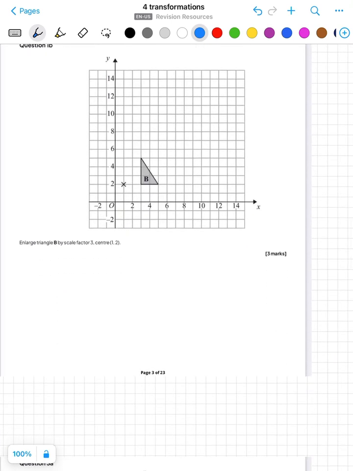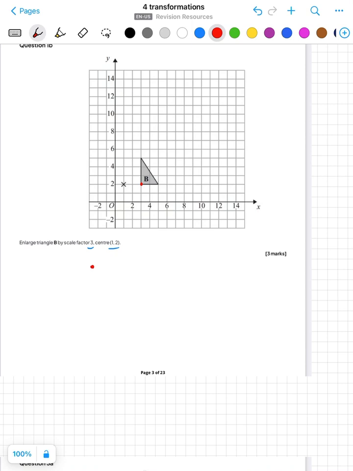Enlarge triangle B by scale factor 3, centre (1, 2). Now there's a couple of ways to do enlargements depending on who has taught you. So quite often we draw these lines through the corners of the shape through that centre of enlargement. Or, this is my preferred method, purely because it makes doing negative scale factors much easier.